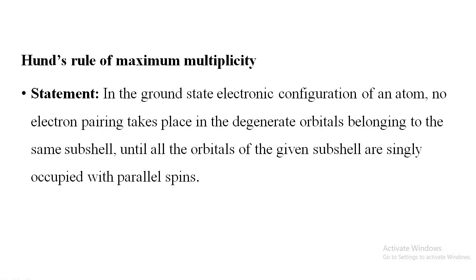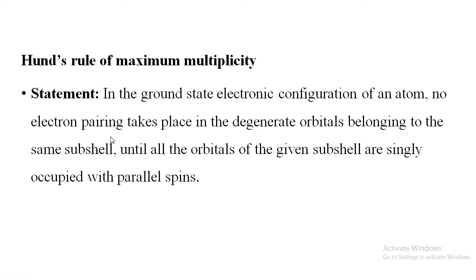Let us go for the Hund's rule of maximum multiplicity. In the ground state electronic configuration of an atom, no electron pairing takes place in the degenerate orbitals belonging to the same subshell until all the orbitals of the given subshell are singly occupied with parallel spins.